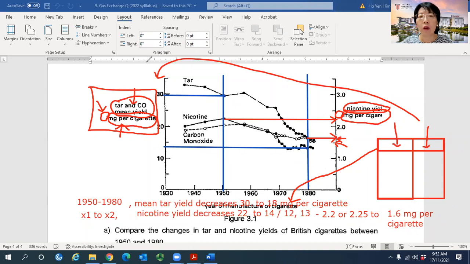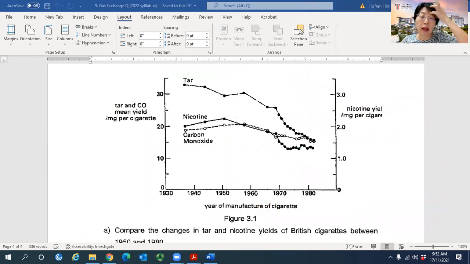So your format of the graph is x-axis is independent variable, y-axis is dependent variable. It must always be like this or else you lose 1 mark in the exam for the wrong orientation of the axis. All right, so this is how you describe the graph.